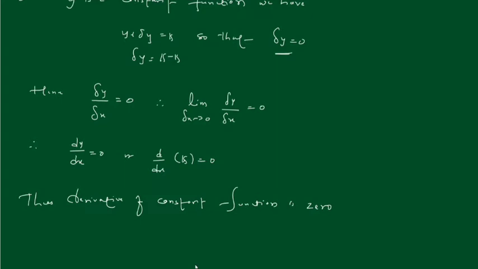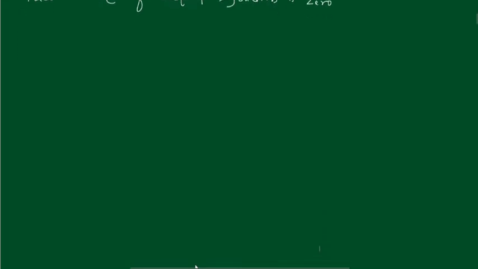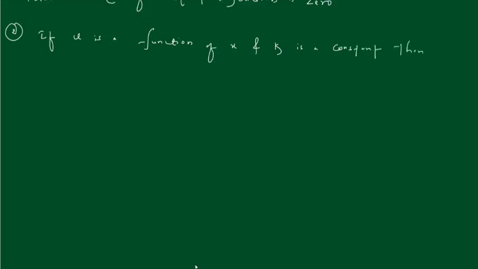So next, let's see the second rule. If u is a function of x and k is a constant, then d by dx of ku is equal to k into du by dx, right?